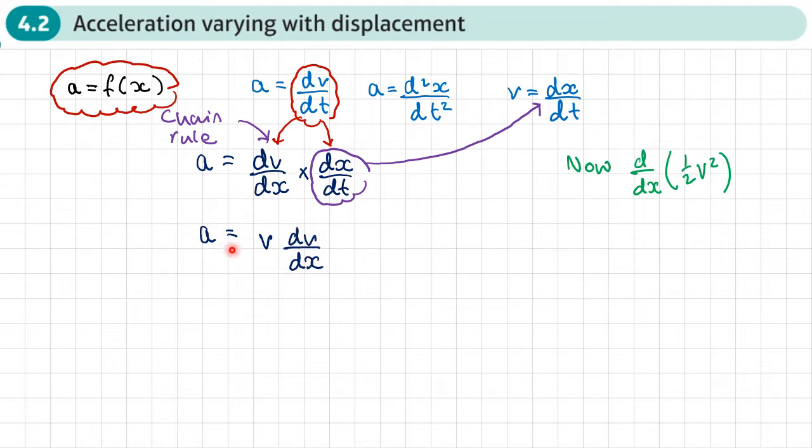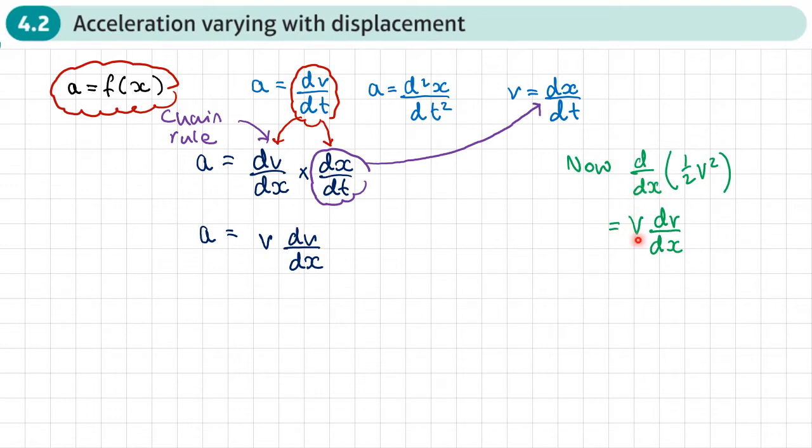If I differentiate half v squared with respect to x, I differentiate the v as if it were an x term, so that half v squared just becomes v. I've just differentiated a v term as if it were an x term, because I'm differentiating with respect to x.